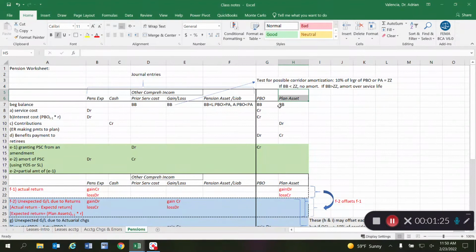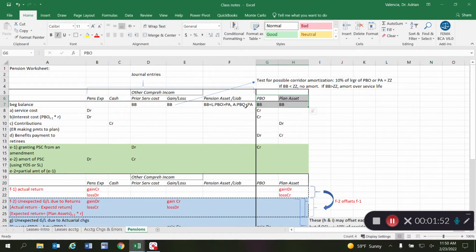What we do in our accounting is we account for the net of these two. If at any point in time what is projected to be owed is greater than what the plan is worth, then we have a pension liability. That's what I'm trying to illustrate right here. You have a liability whenever the projection of what you will owe is greater than the plan asset fair market value.